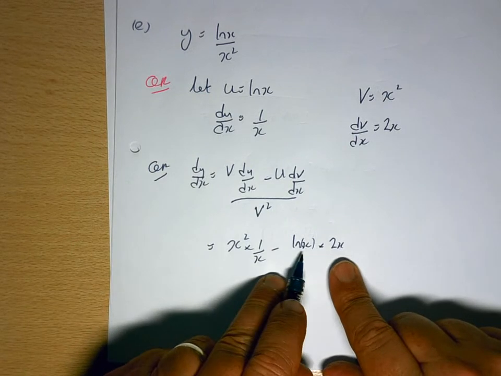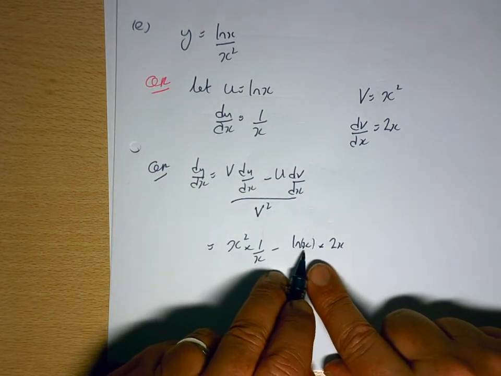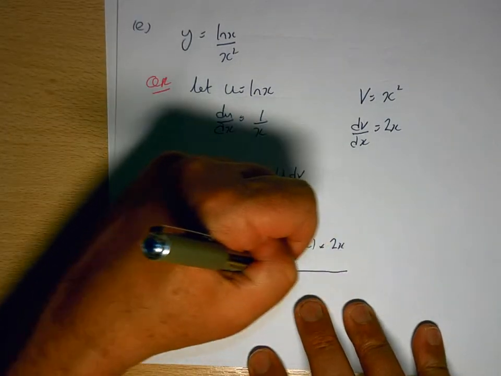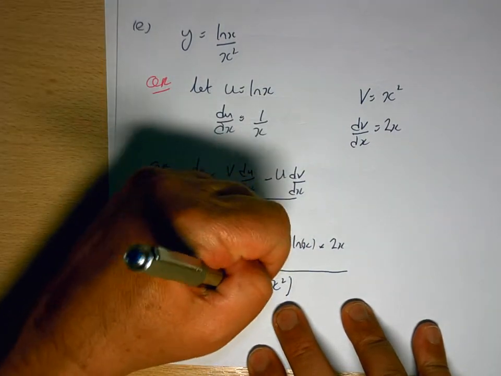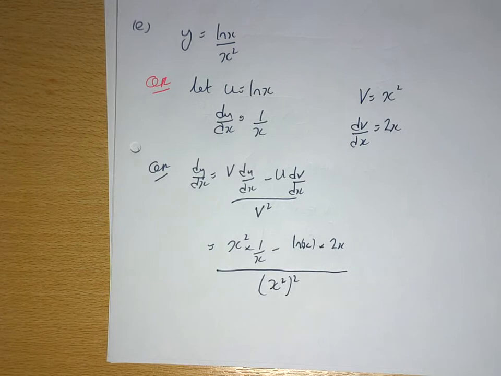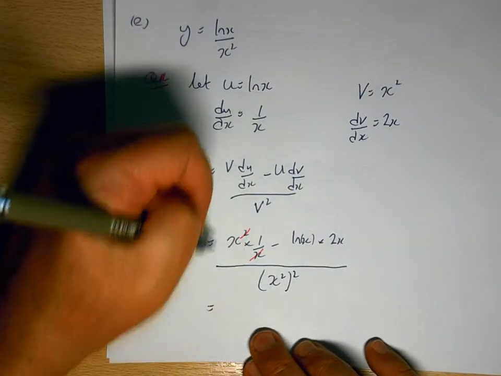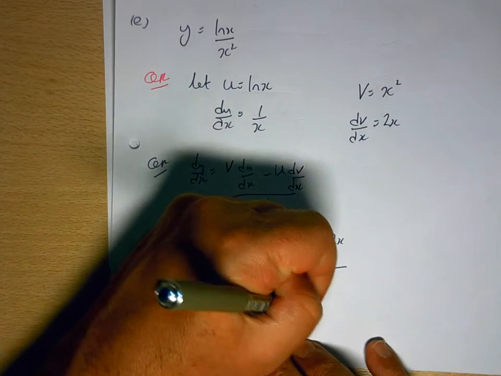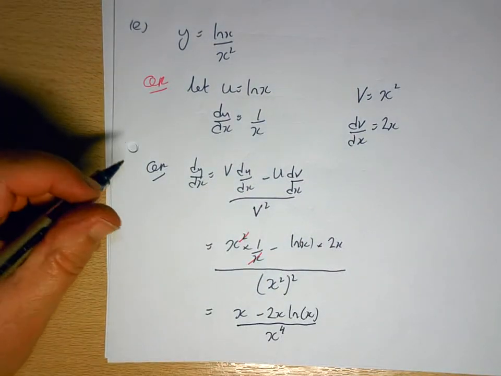Remember that that 2x isn't embedded inside that ln x. So I've put the brackets on there to make sure that we don't slip up there. And then that's all over v, which is x squared squared. So that will cancel with that. So we get x minus 2x ln x all over x to the 4.